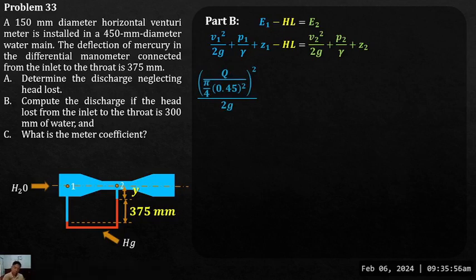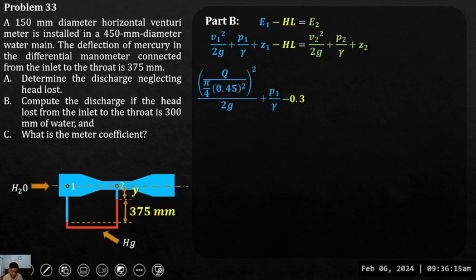Gawin mo ulit yung computation ng velocity 1, that's Q over the area at the converging pipe. That's pi over 4 times 0.45 square, over 2G. P1, unknown pa rin yan. Z1 tsaka Z2, pareho silang nasa horizontal plane, so 0.